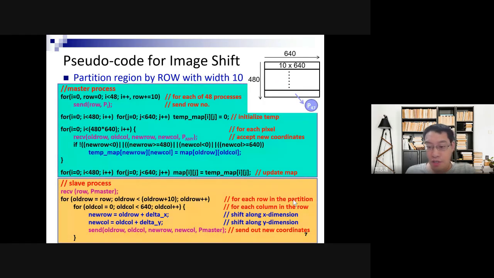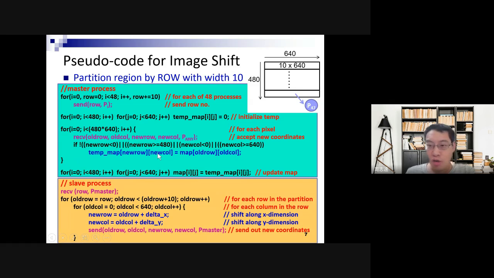However, you will see that the load of this implementation on each worker or slave process will only be equal if the processing time needed for each pixel is the same. Because when we dispatch the computing task, it is a static scheduling strategy.